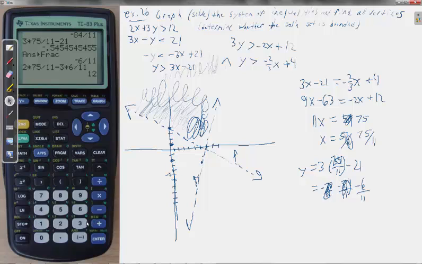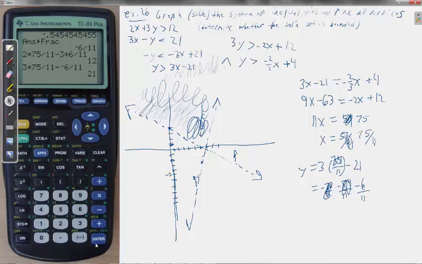Okay. 3 times 75 over 11 minus negative 6 over 11, 21. Okay, that's the vertex.